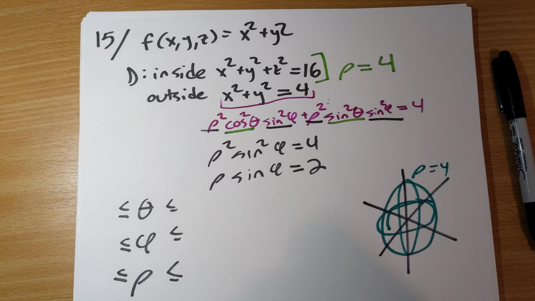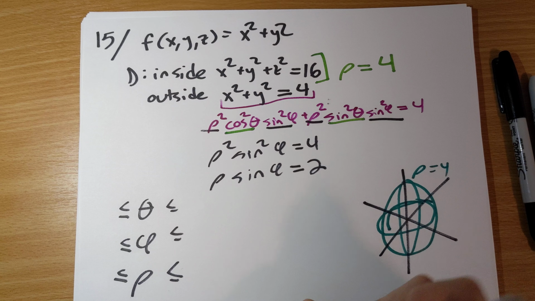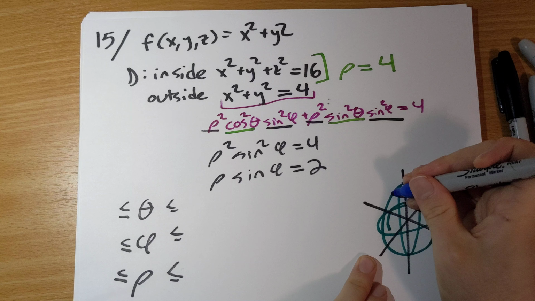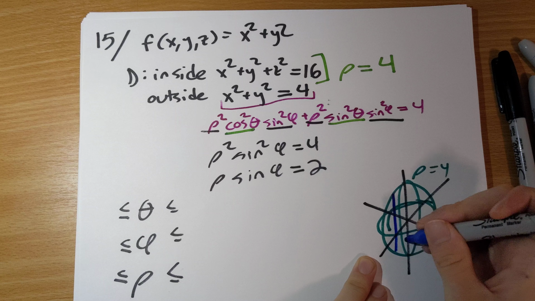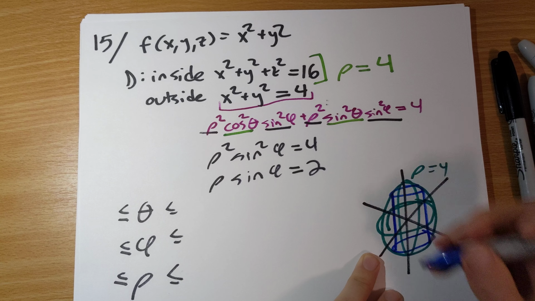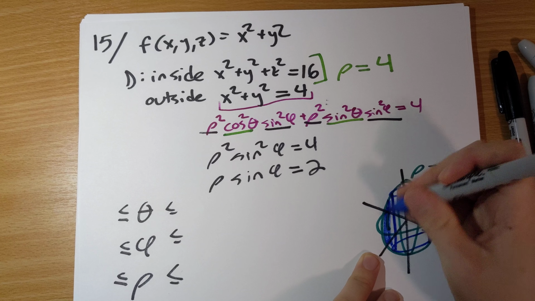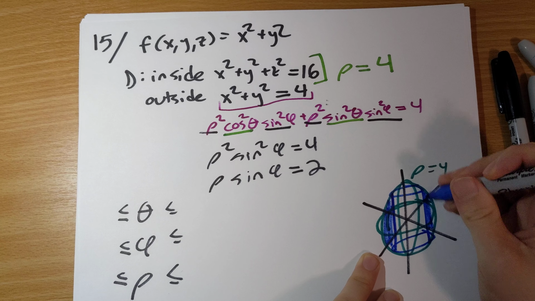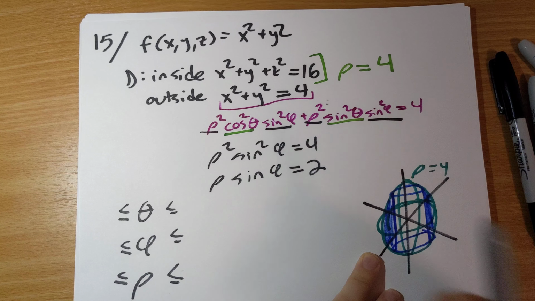But it's also going to be outside the cylinder. So there's some cylinder here. So we're taking a look at that region over there. I mean, there's also some around that goes all the way around.